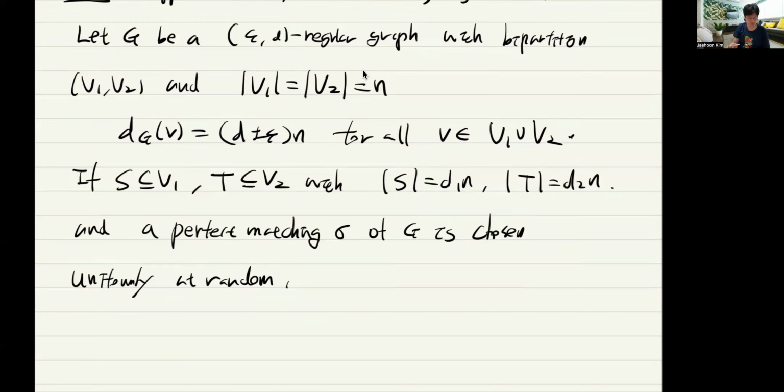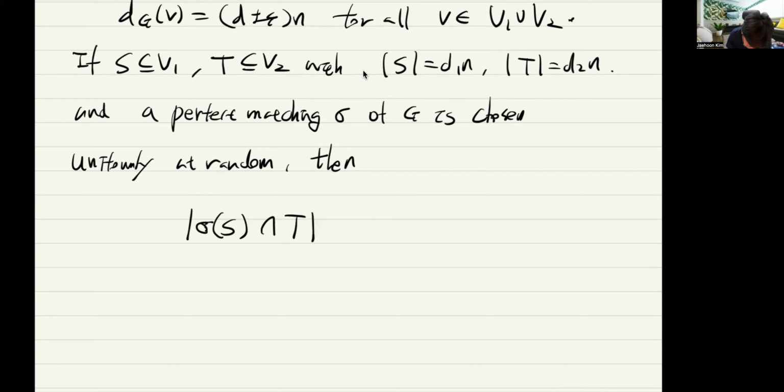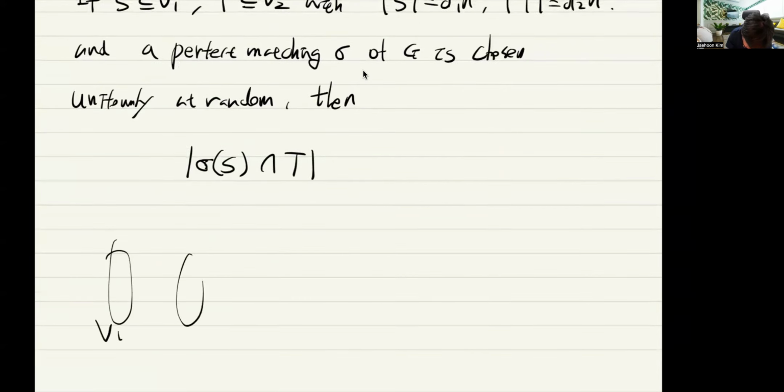Then what happens is that you count the number of edges of this matching between S and T. Let's say you have V1 and then V2, and you match U with sigma U and B with sigma B, and so on.